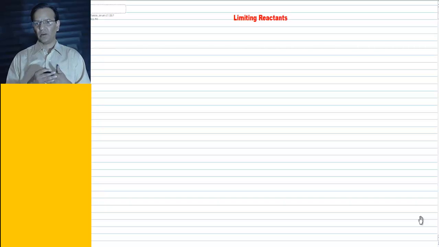That means if they are not in a stoichiometric mass ratio, then part of one reactant will be left unreacted at the end of the reaction. So the question is how to determine which reactant will be remaining unreacted at the end, which reactant will be consumed completely at the end. That is the whole concept we are going to discuss in this video, that we call the concept of limiting reactant.